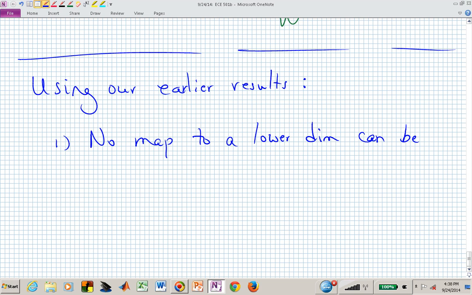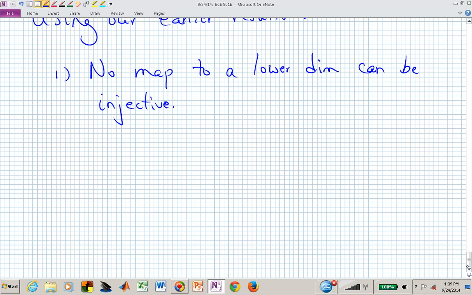Is it able to be injective? Is it able to be surjective? What we can claim is that map cannot be injective because it has a non-trivial null space. So no map to a lower dimension, 5 to 3, can be injective. So we know we can't have a dimension-reducing map and have an inverse, or for it to be injective.